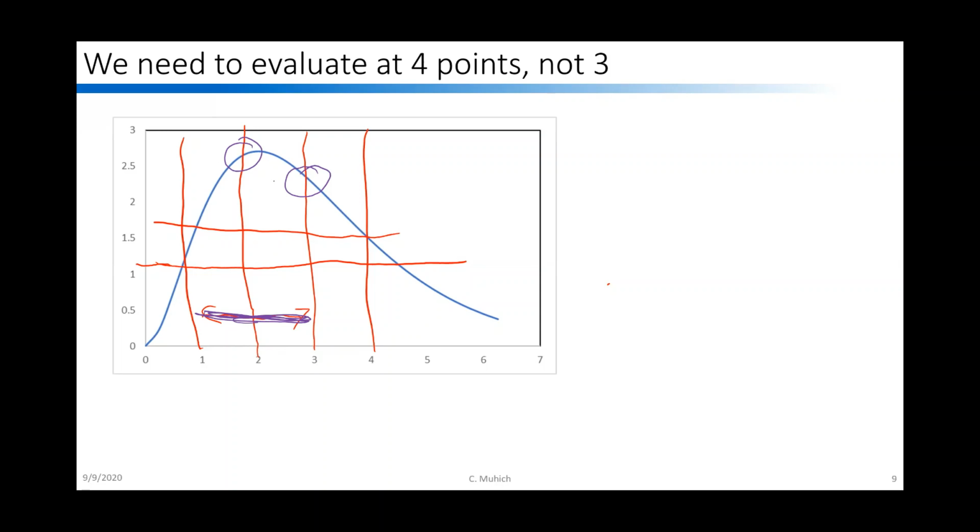So we know that the maximum must be between 1 and 3. So therefore, I could get rid of 0.4. I could now set a new x lower, x upper, and then divide this into quarters once again, right? And then I can do this process repeatedly.